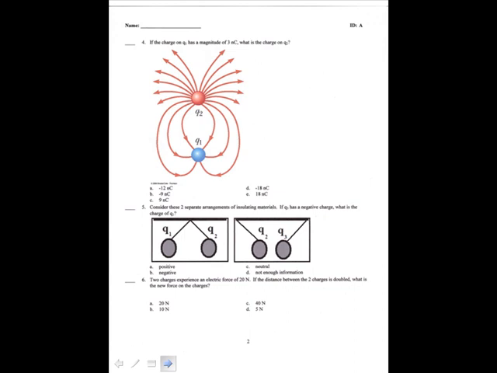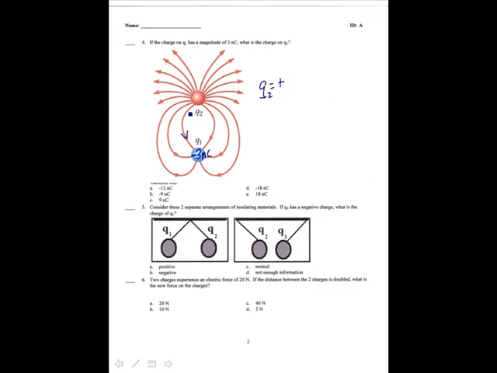Alright, if the charge on Q1 has a magnitude of 3 nanocoulombs, then what is the charge on Q2? Well, first we have to realize that the charge on Q1 is actually negative because the field lines are ending in the blue charge, the 3 nanocoulomb charge. So it's negative, so Q2 is going to be some positive value, and then we need to count the lines.